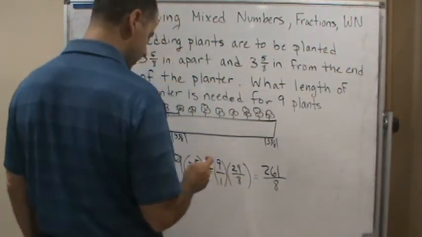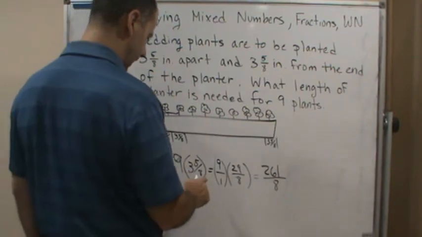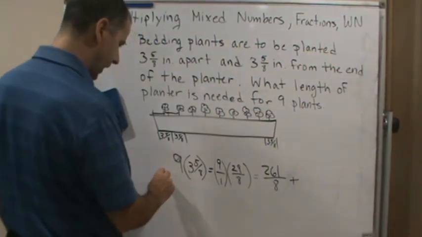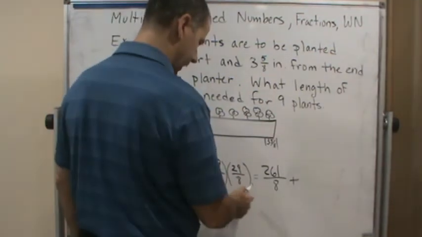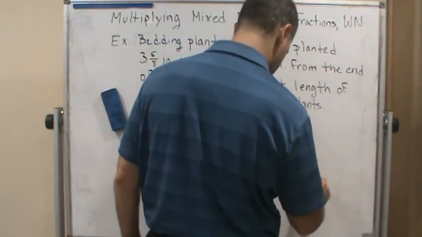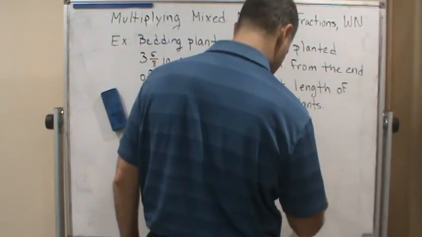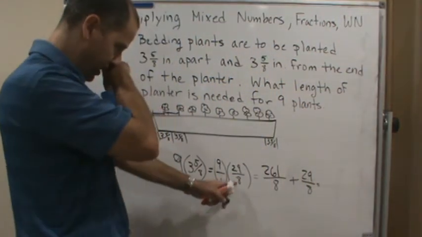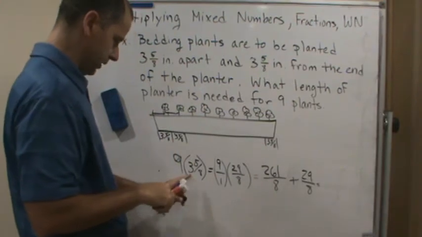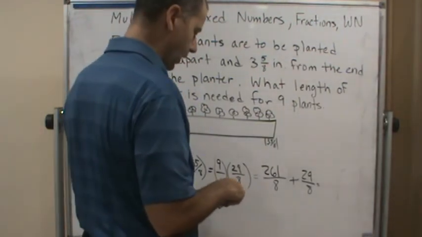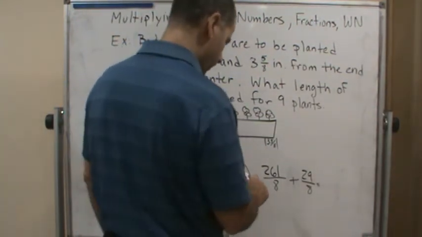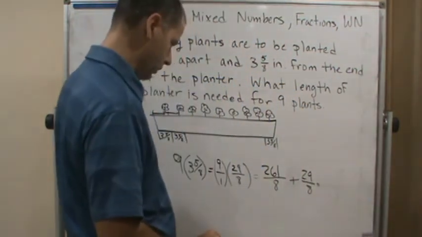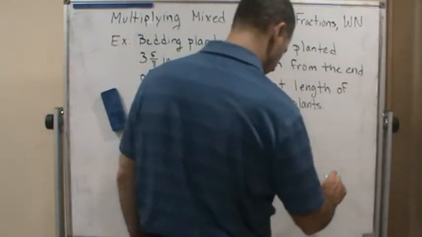So we need to add another 3 5/8. So 3 5/8 again is going to be 29/8. So we have to add another 29/8, and so this is going to be 290/8.